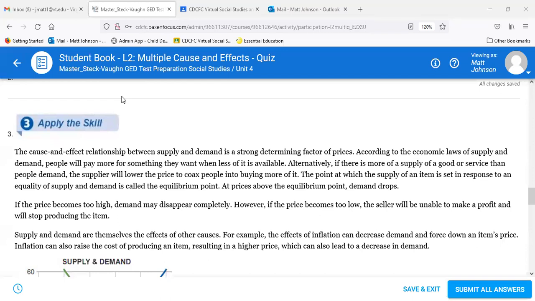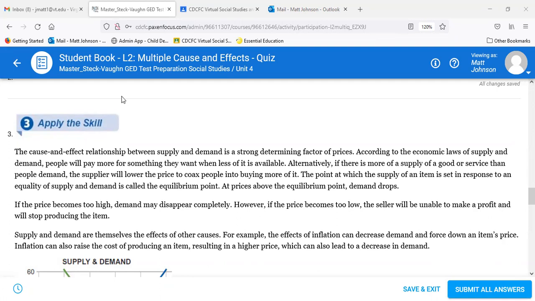Alternatively, if there is more of a supply of the good or service than people demand, the supplier will lower the price to coax people into buying more of it.